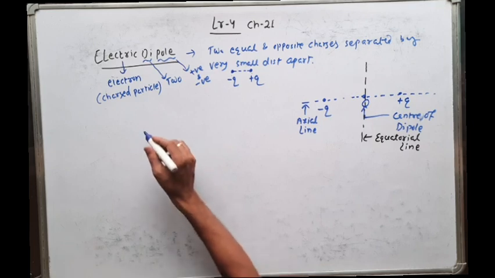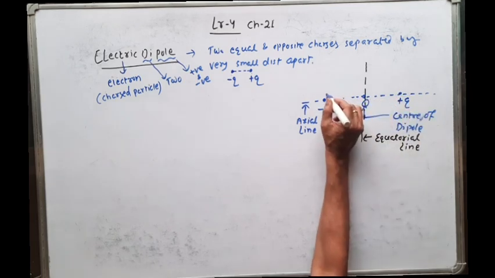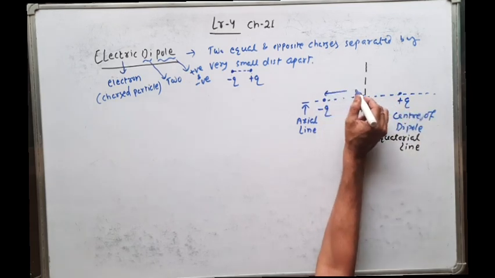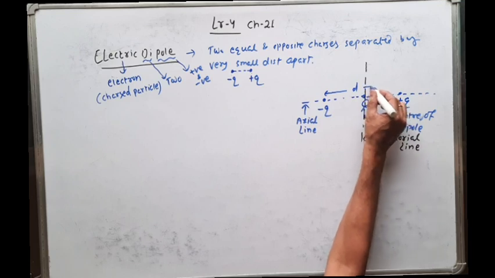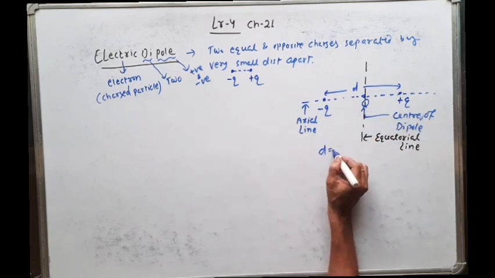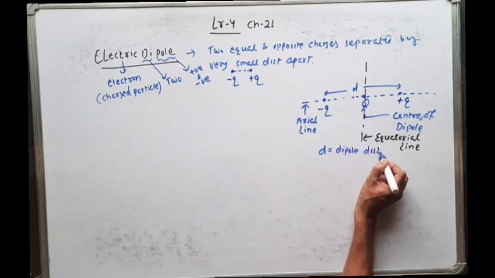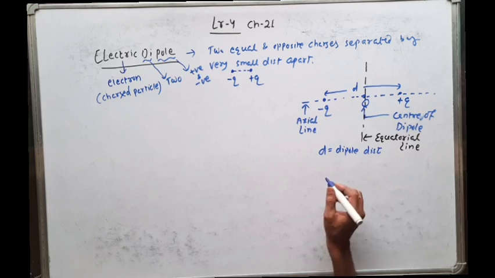Then what is the dipole distance? This minus q and plus q are separated by a distance, let us say d. This d is called dipole distance. Then what is electric dipole moment?